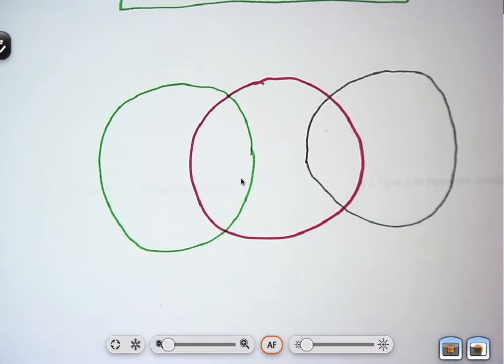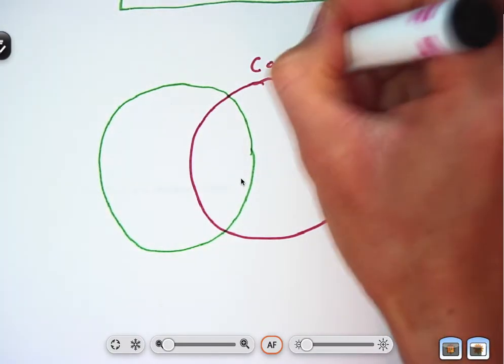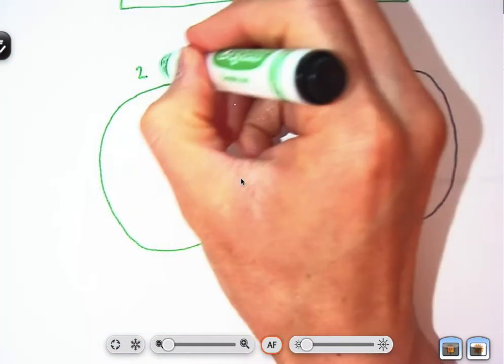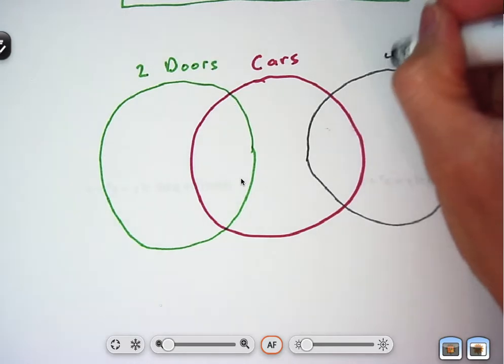Let's give an example. Let's say that this red category in the middle is cars, this green category is things with 2 doors, and this gray category over here is things with 4 doors.